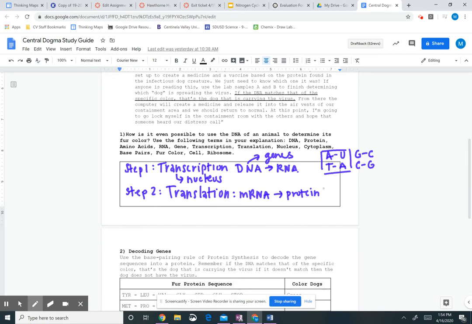So that's the big thing that happens. And there's a couple of things that happen. So the first thing is that the mRNA is gripped onto by a ribosome. That ribosome goes ahead and reads the strand. So the ribosome reads the mRNA.